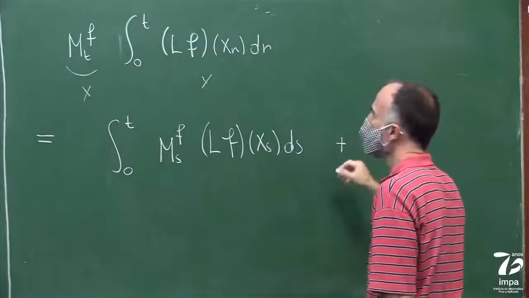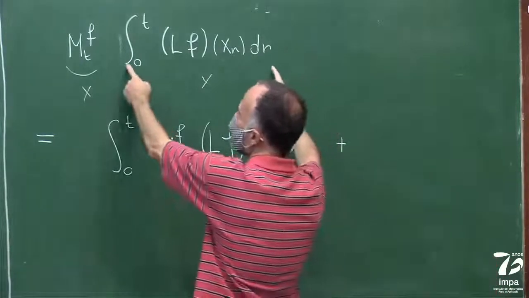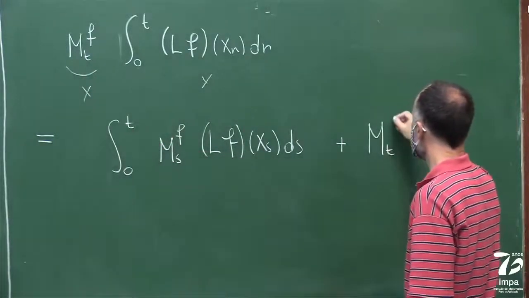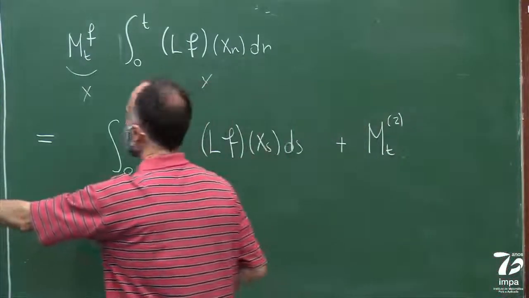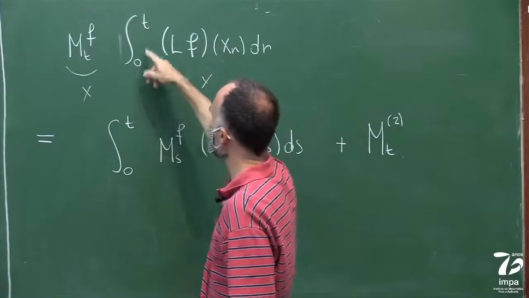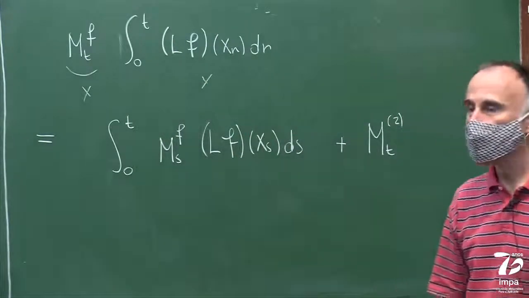Then I'll have the other one, which is the integral of this with respect to M, but this is a martingale. So let me call that the second martingale. And then I have this term, but as I told you, my process y at time 0 is 0, so there is no such term.